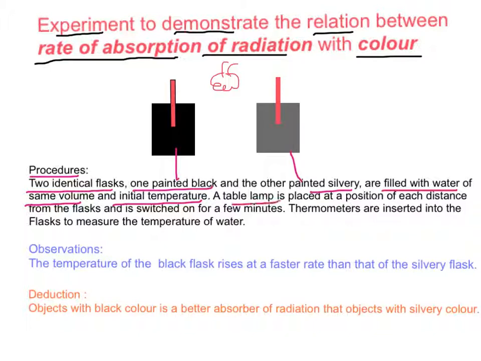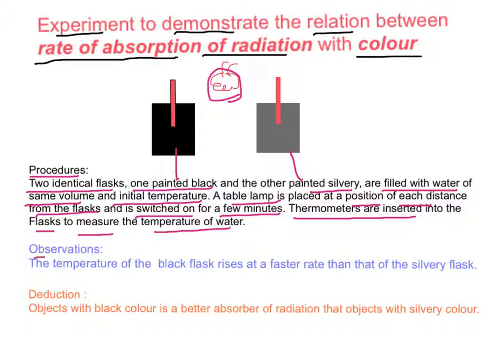A table lamp is put at an equal distance from the flasks, and the light bulb is switched on for a few minutes. Throughout the experiment, we insert thermometers into the flasks to measure the temperature of the water.